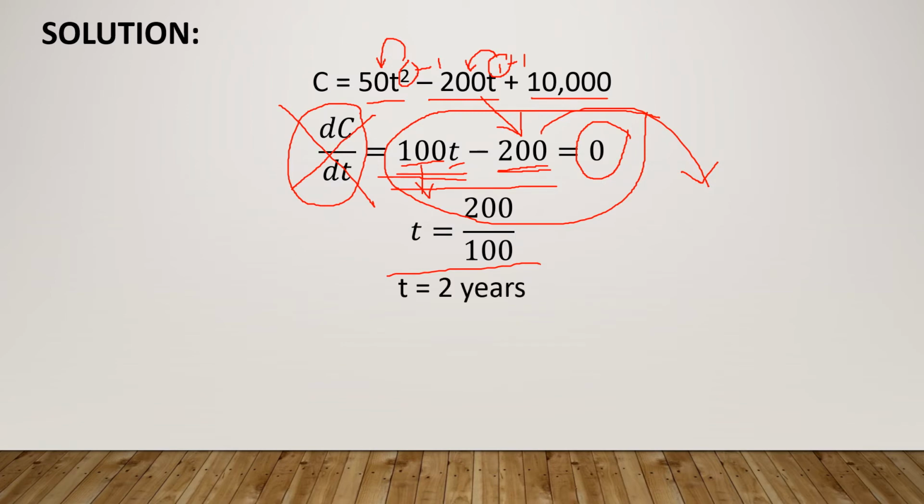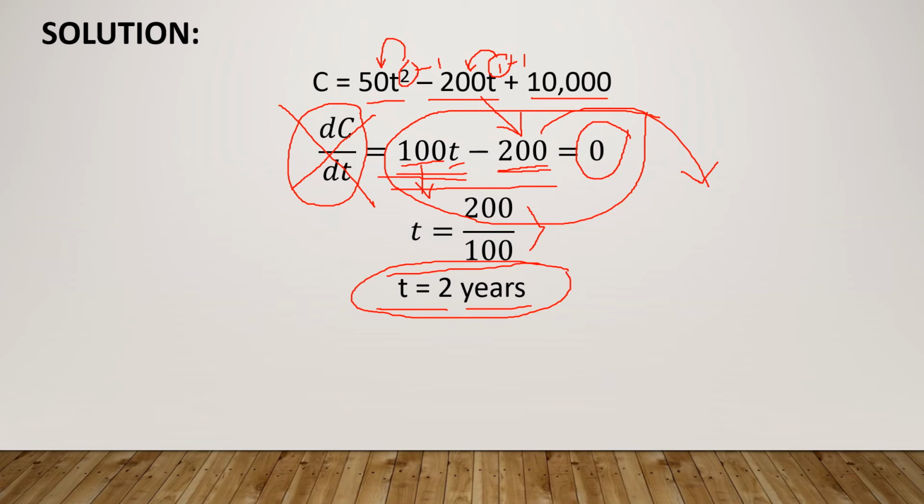Now, if we simplify this, we all know from our algebra that if we divide 200 by 100, that will be equal to 2. Since it was mentioned in our problem that t is in terms of years, t now is equal to 2 years.